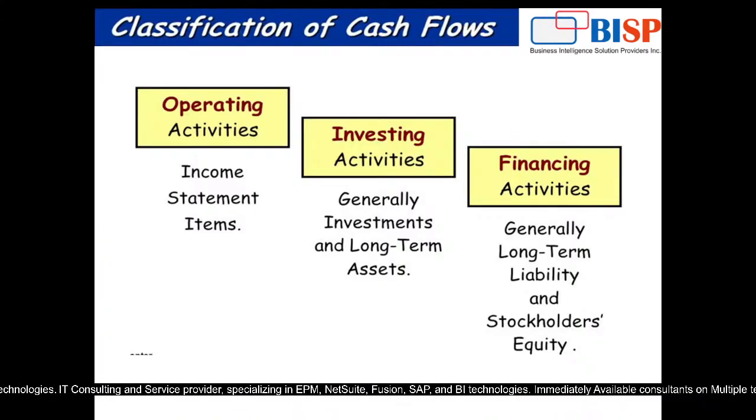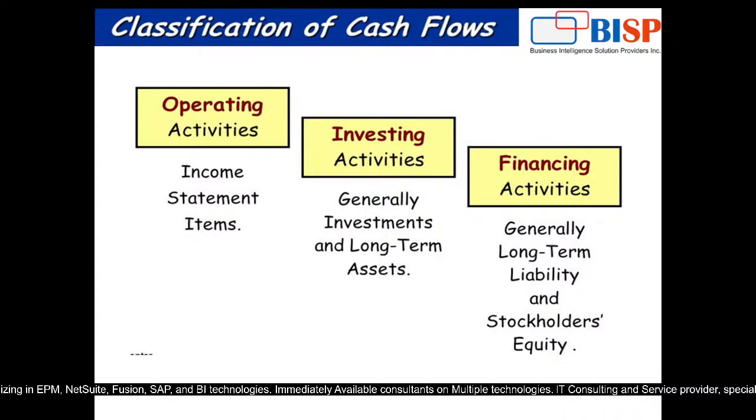financing activity. What operating activity considers is always the income statement, that is, the inflow and outflow of cash for the operations of the business. For example, in the case of a manufacturing industry, the cash outflow takes place for purchasing the raw materials and for manufacturing.